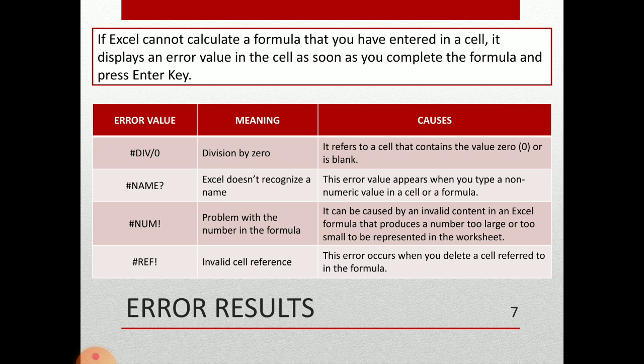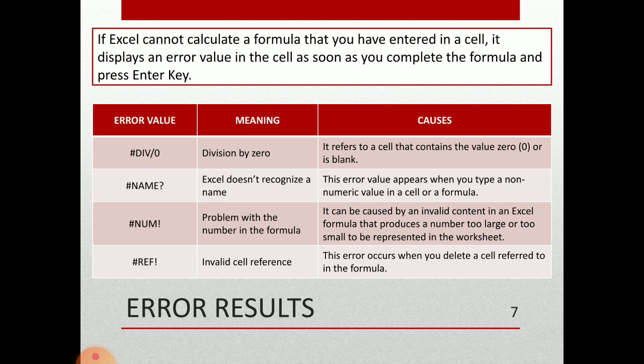So the first error value is #DIV/0!, meaning division by 0. As you know, we cannot divide any number by 0. So it refers to a cell that contains the value 0 or is blank.